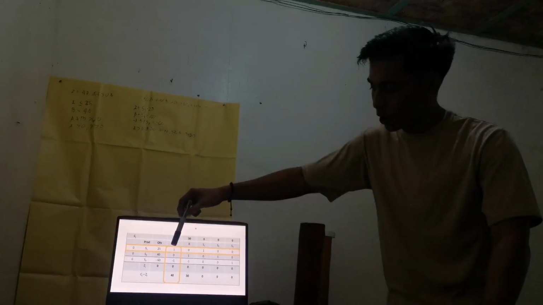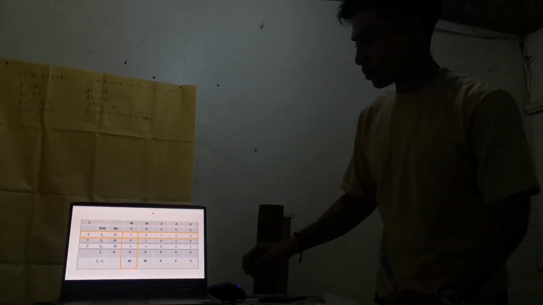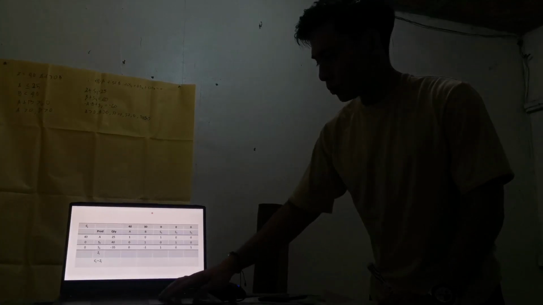So, yung S sub 1 yung napili natin kasi hindi siya negative and hindi siya 0. So, yung na-intersect is pivot element. Alam niyo na yun. And yung pivot row, i-divide natin siya sa pivot element. And yung pivot element is 1, then same value lang pa rin.